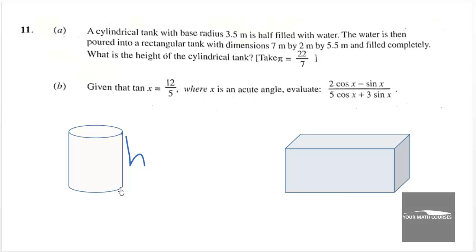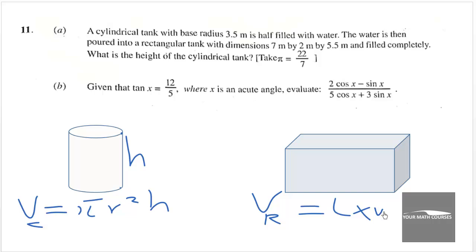We know that the volume of a cylinder is equal to pi r squared times height, and the volume of a rectangular tank is length times width times height.